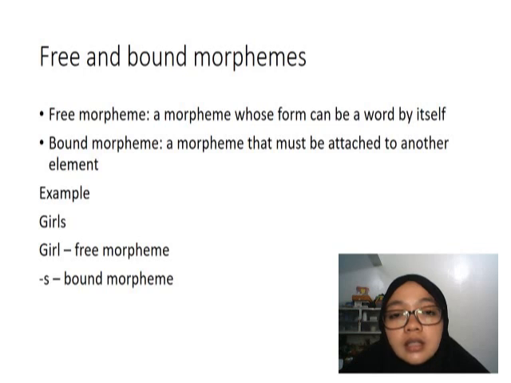The condition for a is that it should be put with a word that begins with a consonant, for example, a banana. While an states indefiniteness for words that begin with a vowel, an apple, like that. So a and an are examples of allomorph.